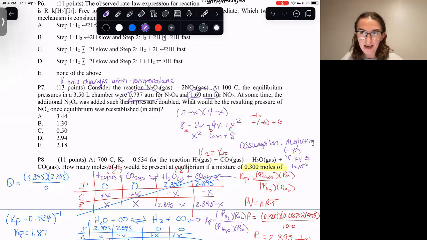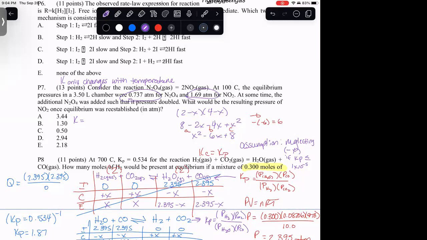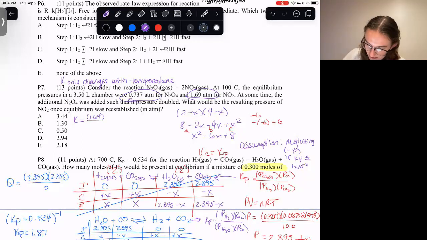So that's like our initial K. What would K be given 0.737 and 1.69? What's going to go on top and which one's going to go on bottom? 1.69 at the top and 0.737 at the bottom. And do we need to change anything about either one of them?